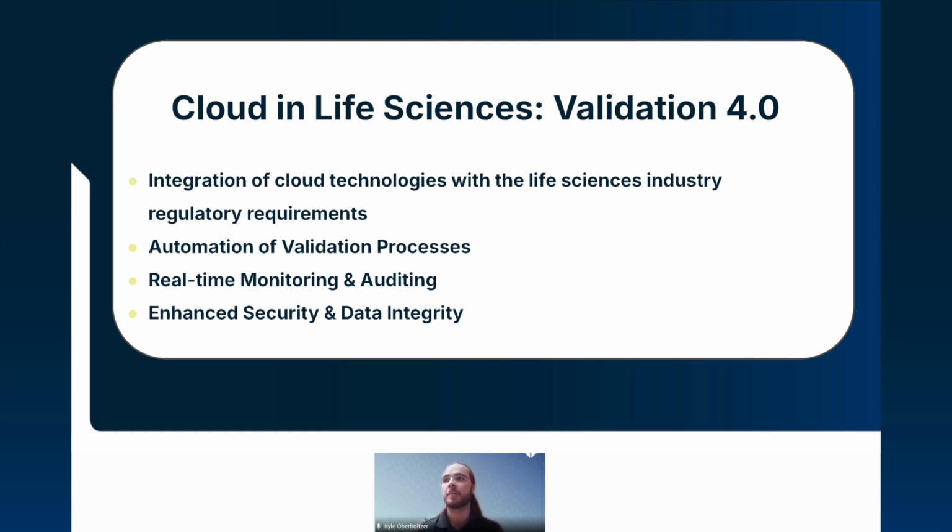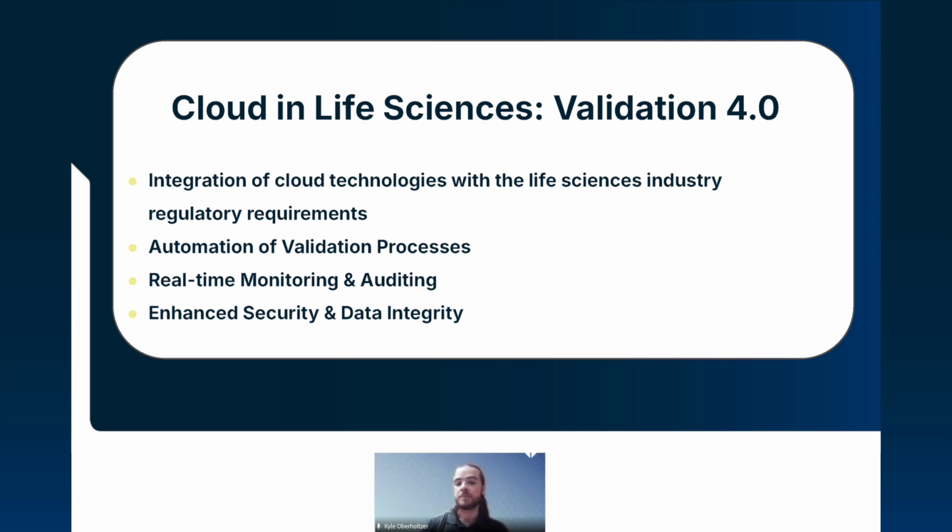This is lagging a bit behind, mostly due to completely understandable unfamiliarity with various regulatory bodies, and more regulatory bodies tend to be applicable in this region than others. In the US, you tend to only have to deal with the FDA, whereas here you tend to have to deal with the US and Japan and Britain and India and China all at once. But it means that when you're thinking about this digital transformation journey, you also have to be thinking about validation if you work in the life sciences.